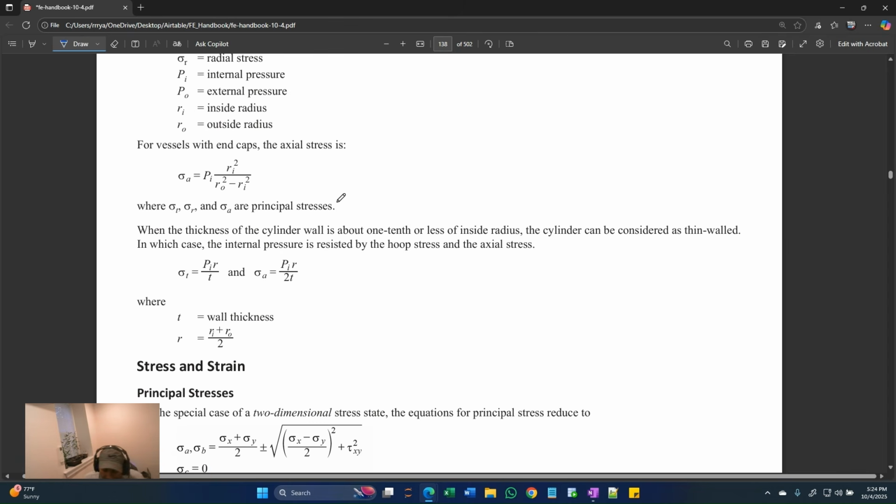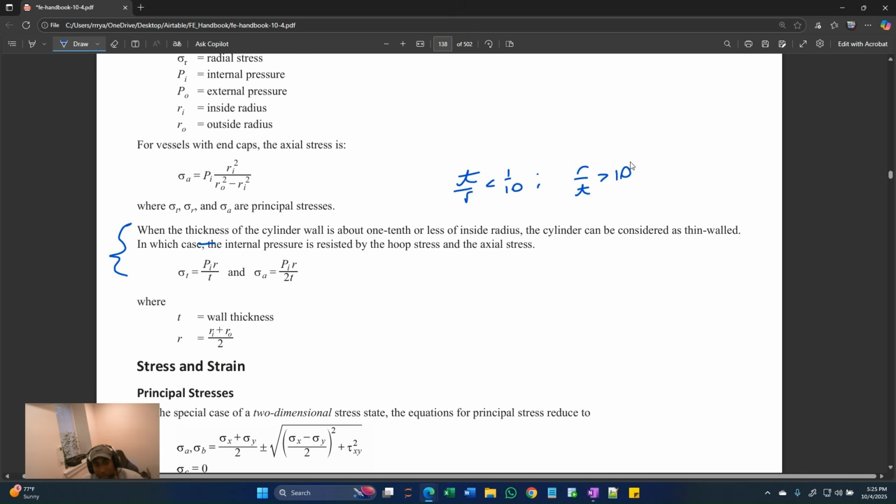You can see the simplified case down here for when you have a thin wall pressure vessel and the condition is mentioned that the thickness of the cylinder wall is about 1/10 or less of the inside radius. Thickness over radius is less than 1/10. Or if we wanted to rewrite this, we can do radius over thickness is greater than 10.